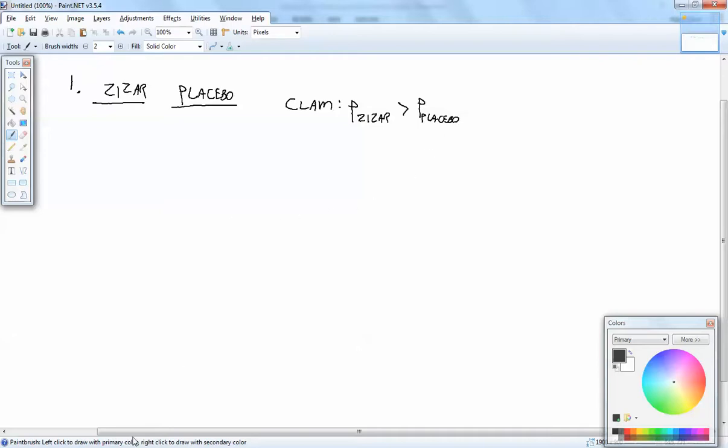Now on my claim, since the ZScore was first, I'm going to label that as my first population, first sample. And since the placebo is second, I'll label that as my second population, second sample. So over here, the ZScore is going to be our first, and then the placebo will be our second. I try to always follow that format: I write down my claim, and whatever's first here is what I specify as my first population, first sample.